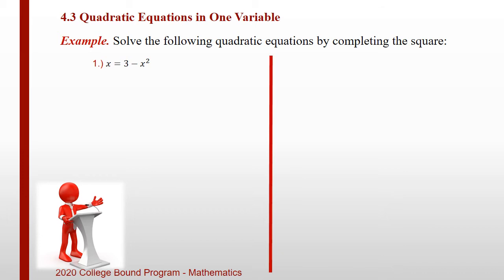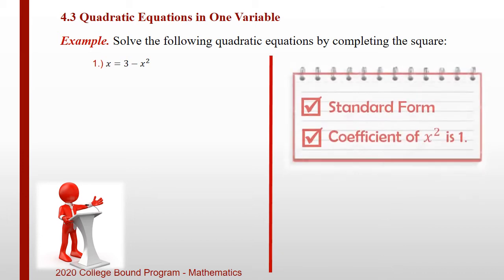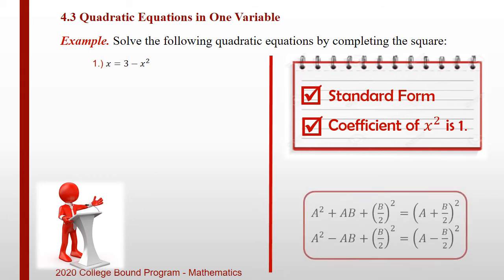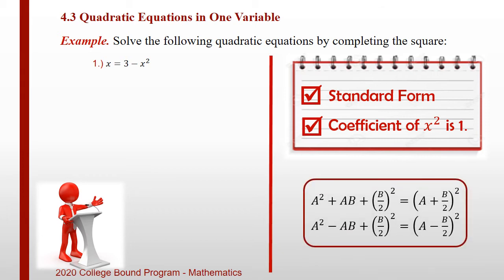In solving using completing the square, we have to check that the given is written in standard form. Also, the numerical coefficient of x² should be 1. Only then can we use the modified versions of the perfect square trinomials.